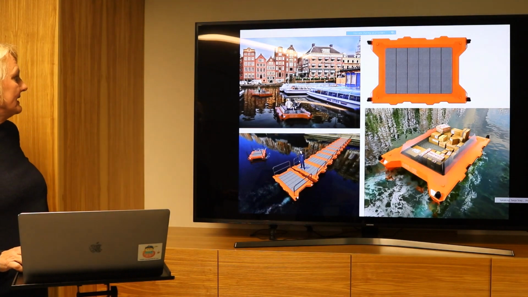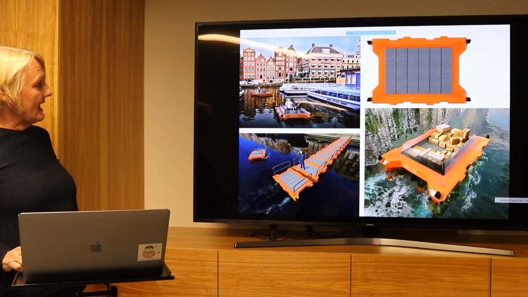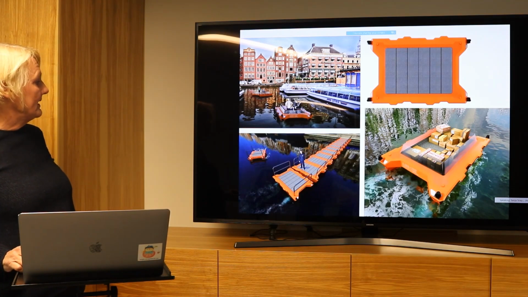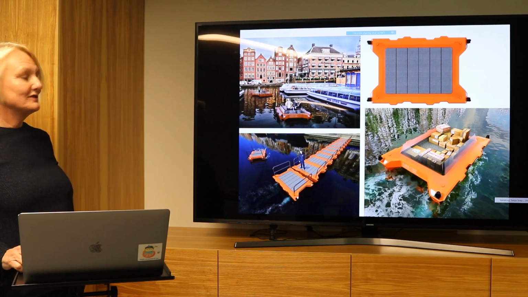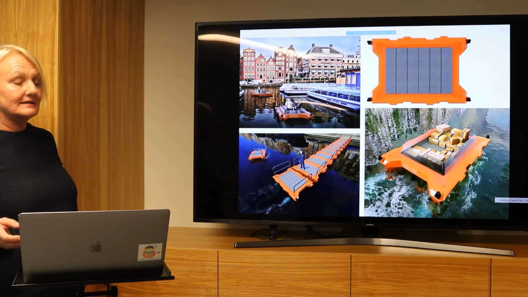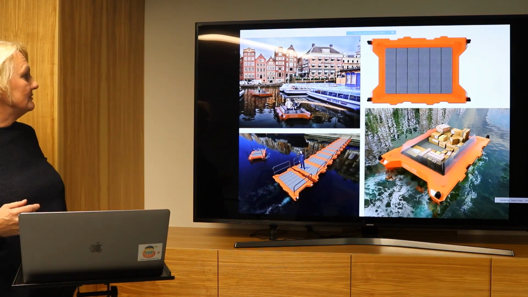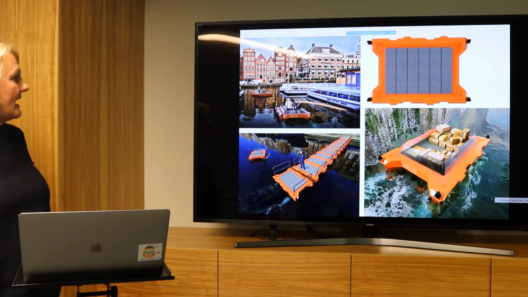This is Carlo Ratti again, Sensible City Lab, producing an idea that is still in development, I believe, for rowboats, not robots, but rowboats that can autonomously navigate, or could be humanly navigated, to get around Amsterdam's canals.